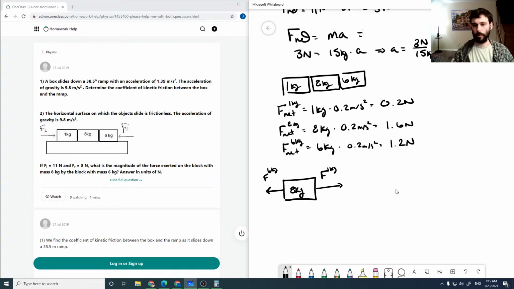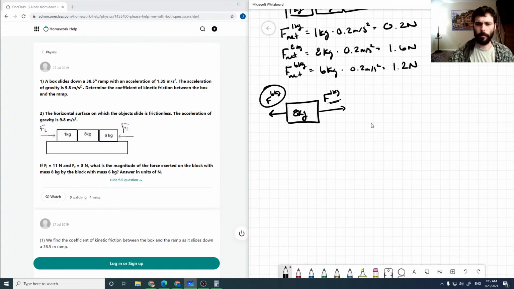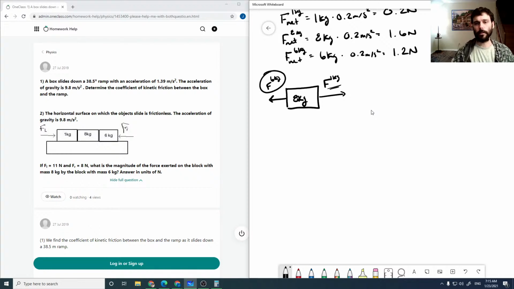F6 kg is what we're looking for, and F1 kg we could find, but it's easier if we look at our 6 kilogram block, because it has a force from the right and a force from the 8 kilogram block.